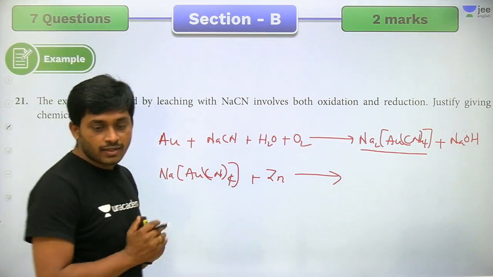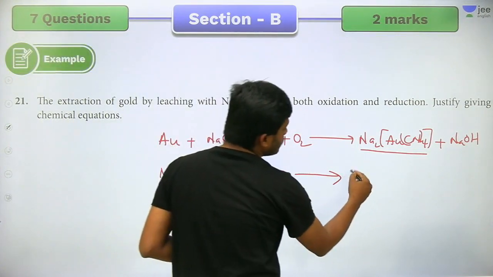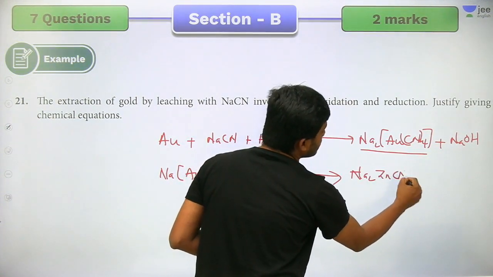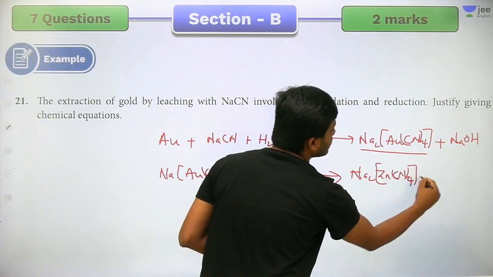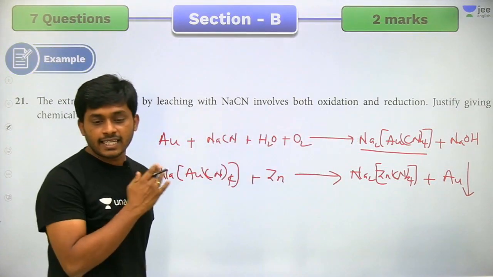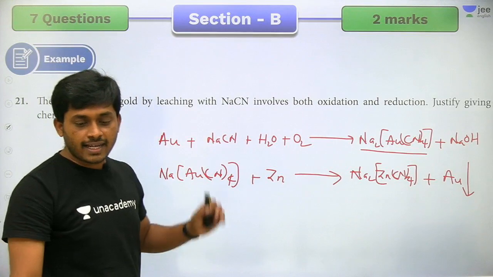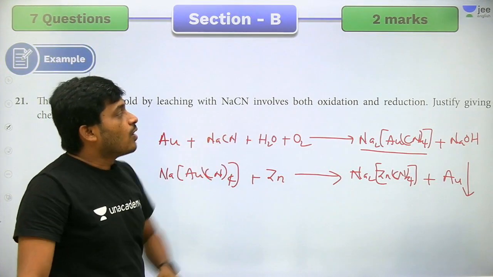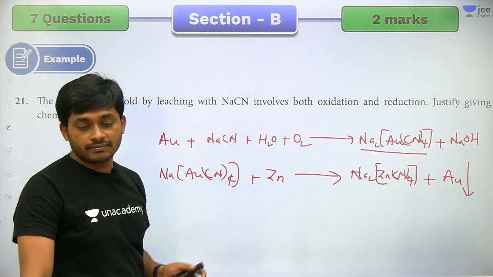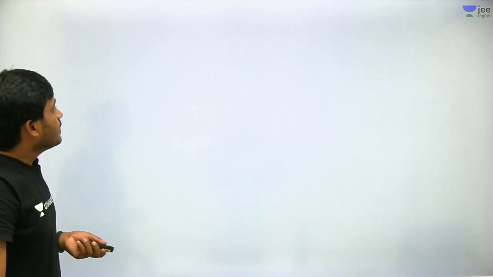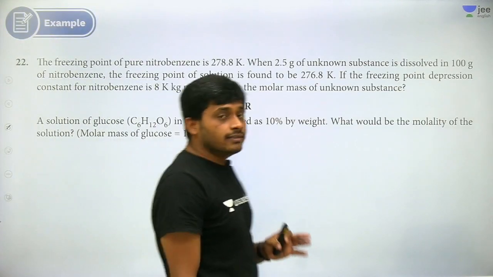Okay, so 2 marks you will get, right? So Na2[Zn(CN)4] and this will give a pure gold. That is a leaching process, cyanization. See here, it is oxidation and reduction with cyanide. Okay, right? See the next question.